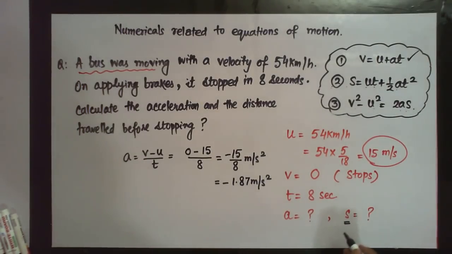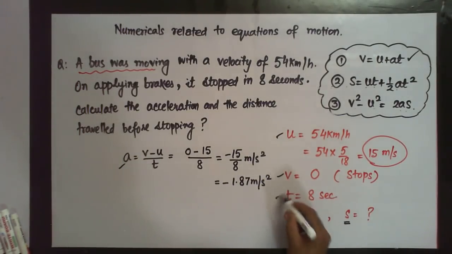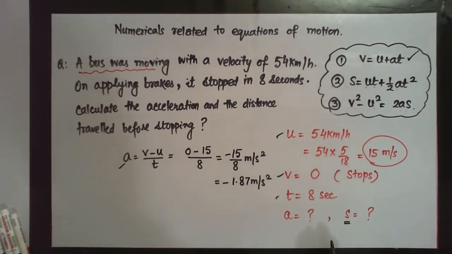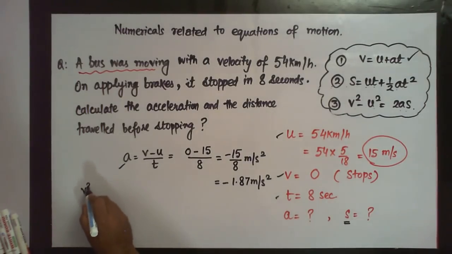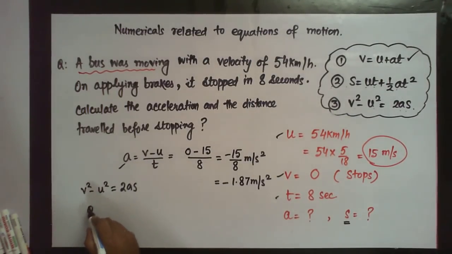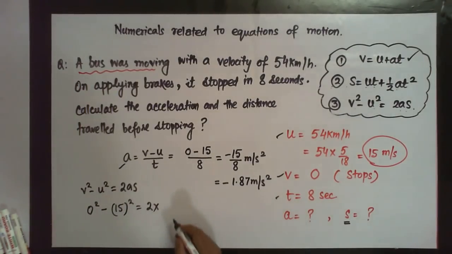Now you need to find out the distance traveled. So a is known, v is known, u is known, t is known. So you can use the second equation of motion, or you can even use third. Let us use the third one now. v square minus u square is equal to 2aS. So v is 0 minus u square, so it is 15 square, is equal to 2 into a, which is minus 15 upon 8.